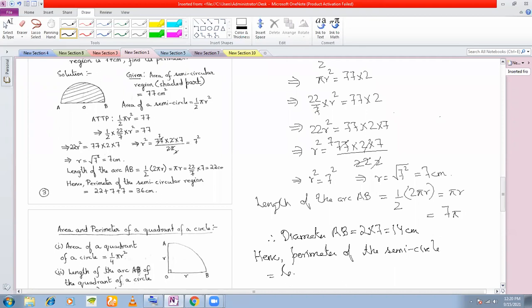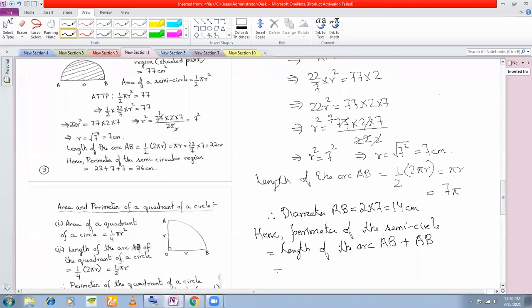It is length of the arc AB plus AB, the diameter. Length of the arc AB is 7 pi, we have found out, and AB is 14. So your answer is 7 pi plus 14.